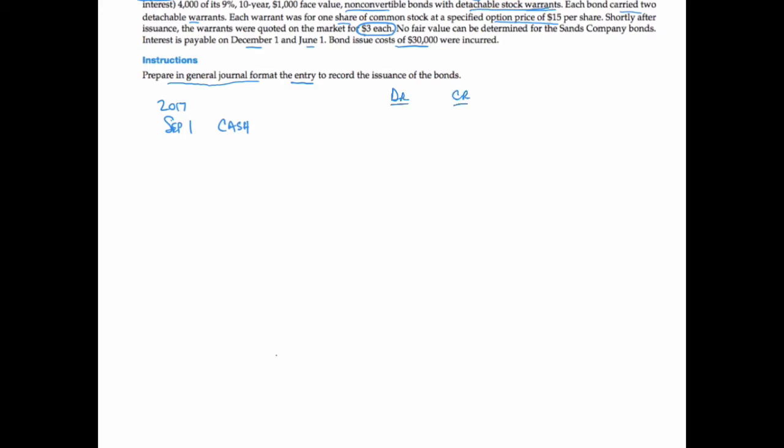We have bonds payable, and that's going to be a credit for 4,000 times 1,000, or 4 million. And this is the face value for those bonds.